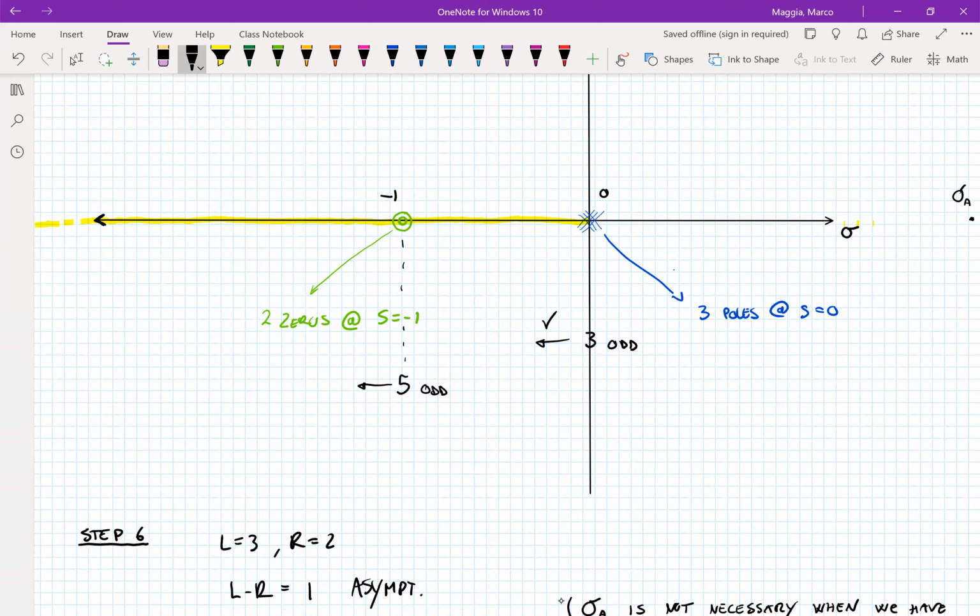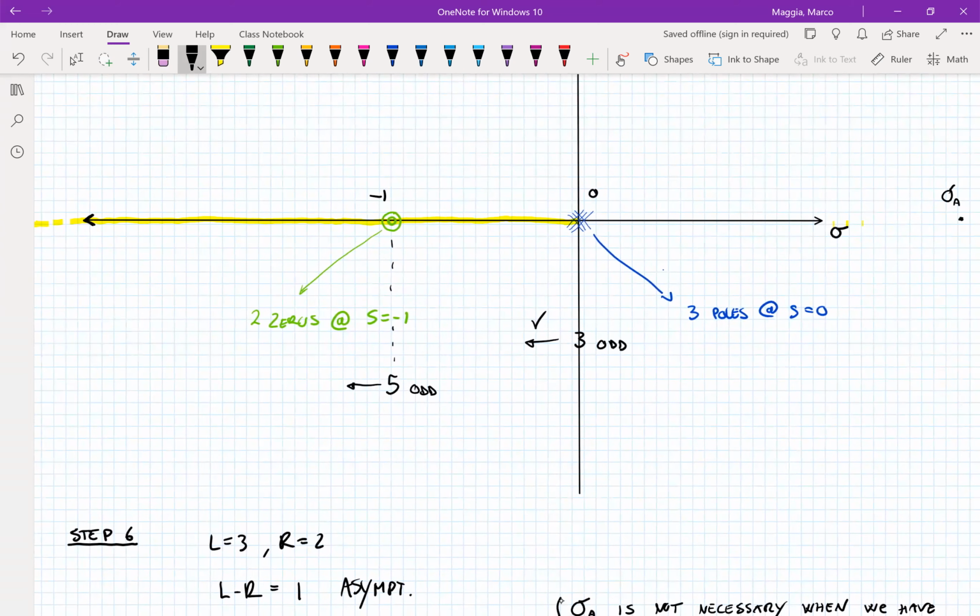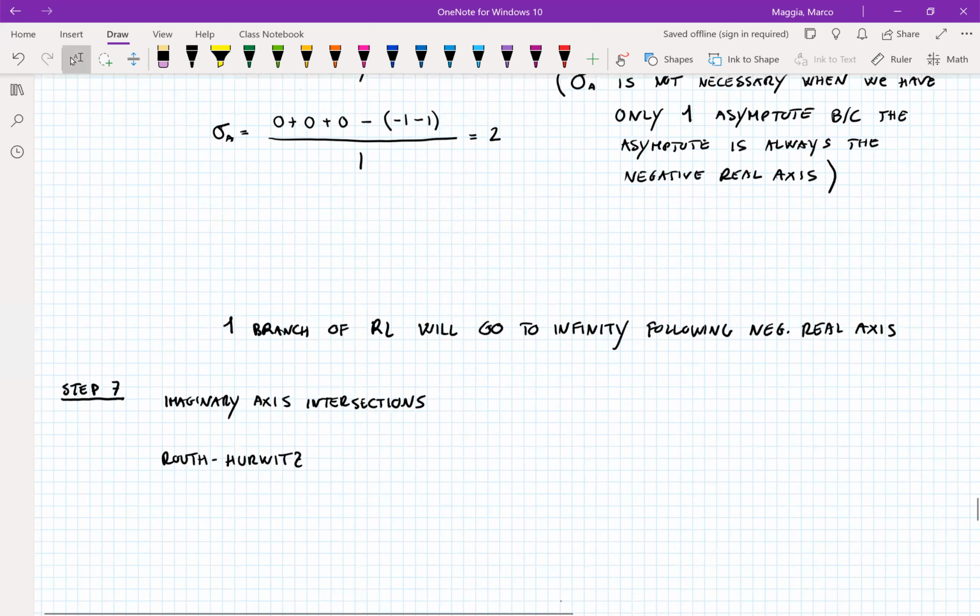And as I said last time, the centroid does not necessarily belong to the root locus. And in fact, this does not belong to the root locus. Plus 2 does not belong to the root locus. The only real numbers belonging to the root locus are between 0 and minus infinity for this example.